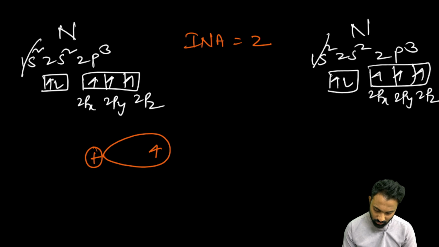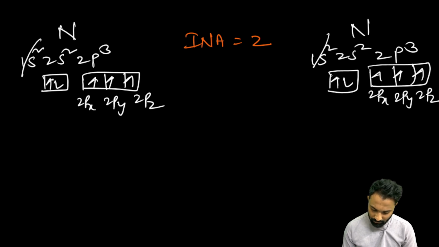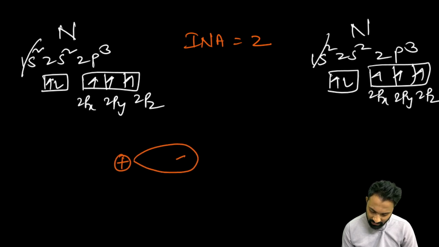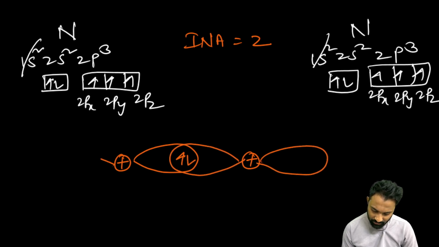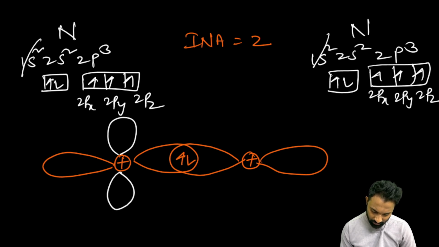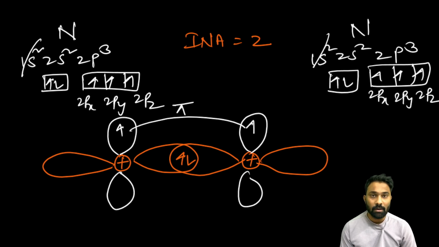The other nitrogen's pz orbital also has 1 electron, and they will overlap in this manner. Then we have the py orbital: the py orbital of one nitrogen has 1 electron, and the py orbital of the other nitrogen has 1 electron. This sideways overlap gives the pi bond.